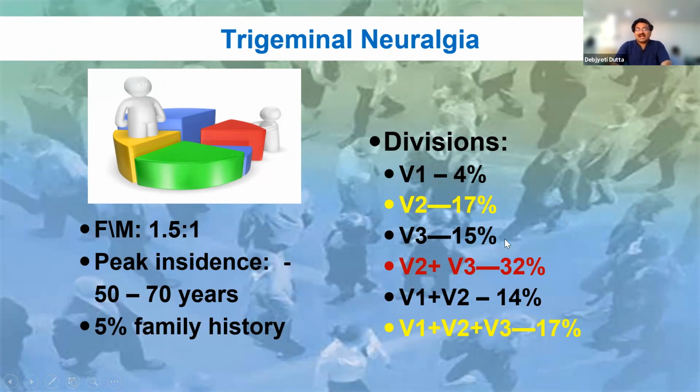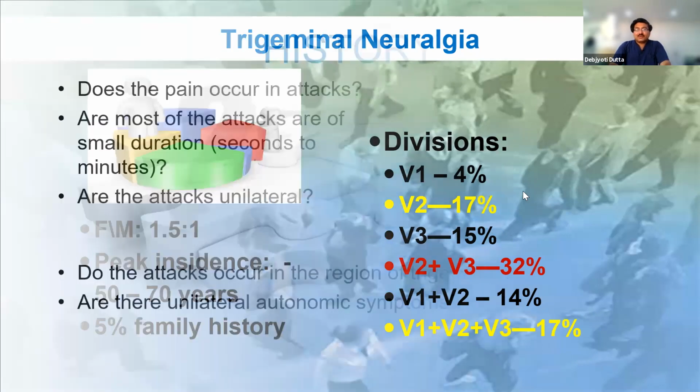The incidence is highest with the combined maxillary and mandibular, at 32%, followed by all three divisions and V2 alone, at around 17%. Next is V3 alone, around 15%, V1 plus V2 at 14%, and V1 alone at 4%. So that is how it is distributed.